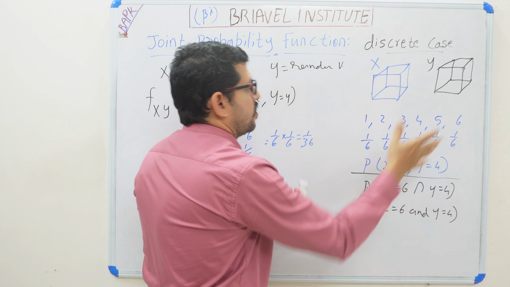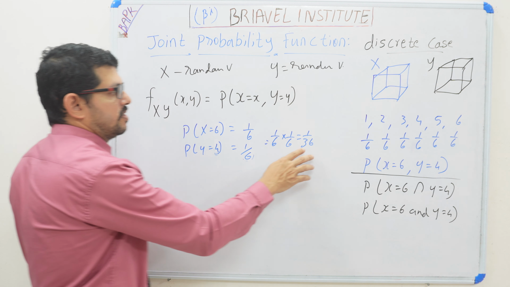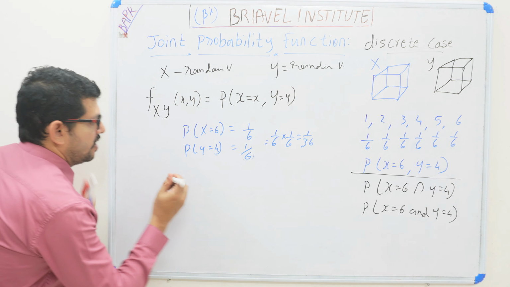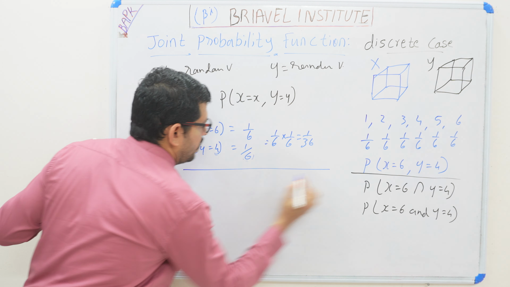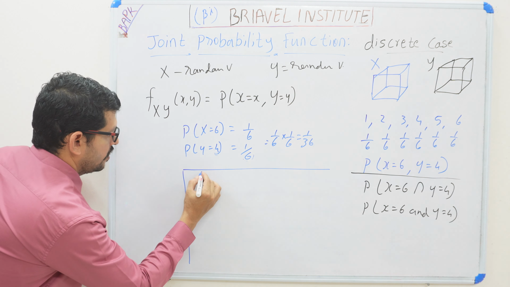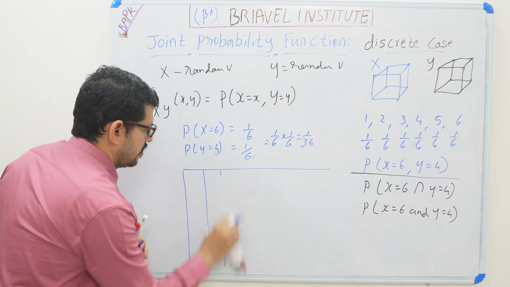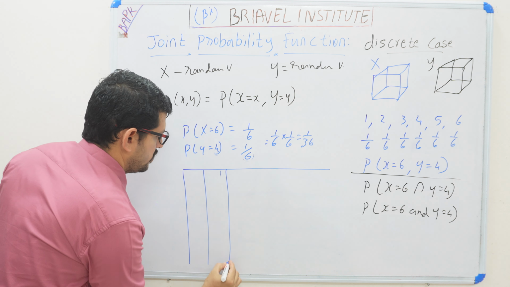When two dice are thrown, we will get 36 outcomes. How will we get the 36 outcomes? We can draw the outcomes, then we will understand. So here it is.